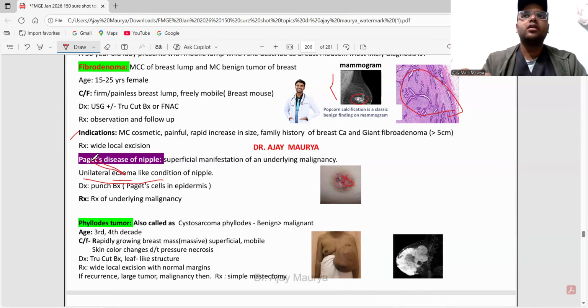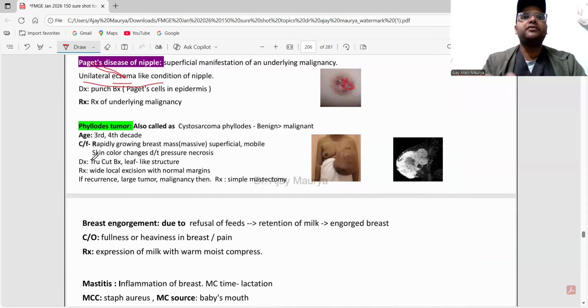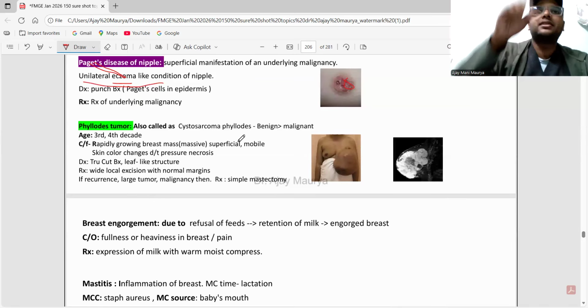Then next one, phyllodes tumor, also called cystosarcoma phyllodes. It is mostly benign and occurs in the 3rd to 4th decade. It is a rapidly growing breast mass, superficial and mobile. Skin color changes due to pressure necrosis.